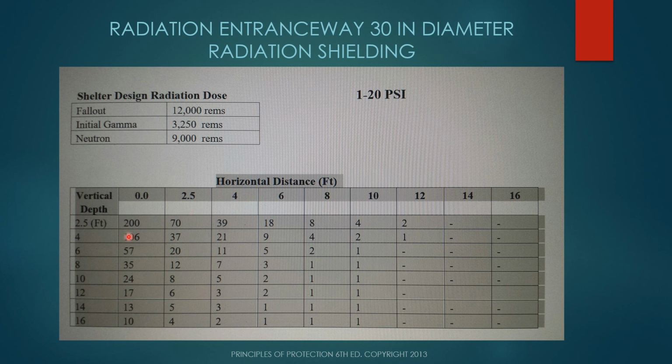So you can pick the vertical depth down 12 feet, horizontal depth over 8 feet is 1. Now that's for a 30-inch diameter entranceway. If you make it a walk-in entranceway, these numbers go way up, 8, 10, 20-fold. But this is there.